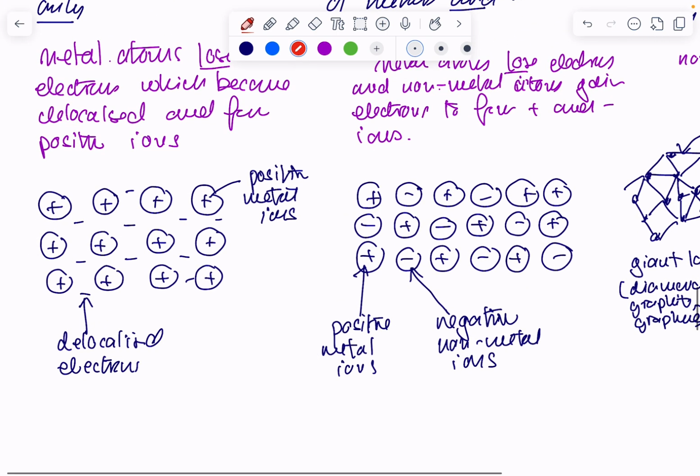So metallic bonding, the positive charge is the positively charged metal ions. And think what the negative charge is. That is the delocalized electrons.